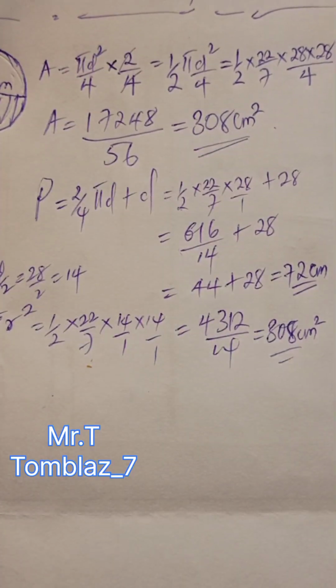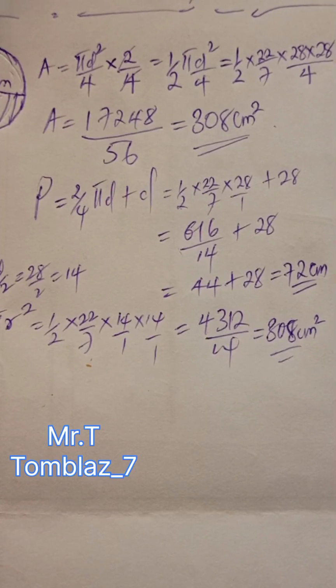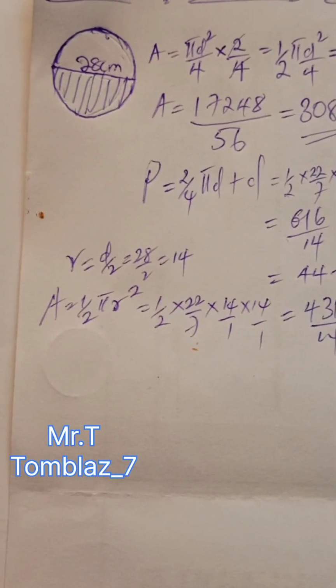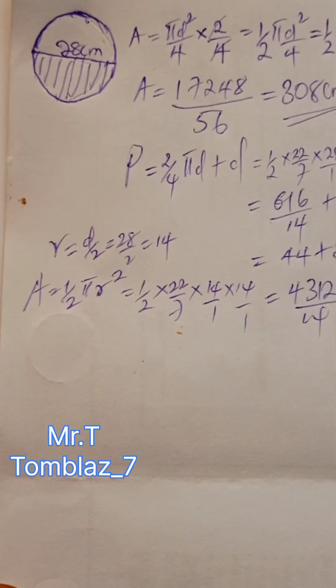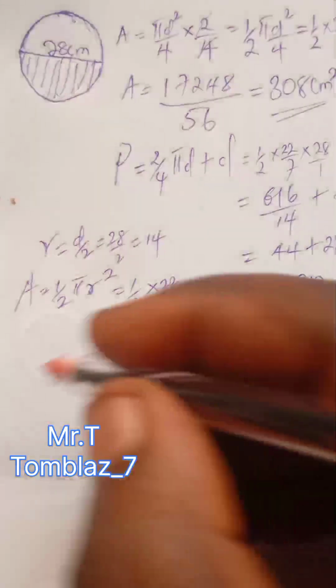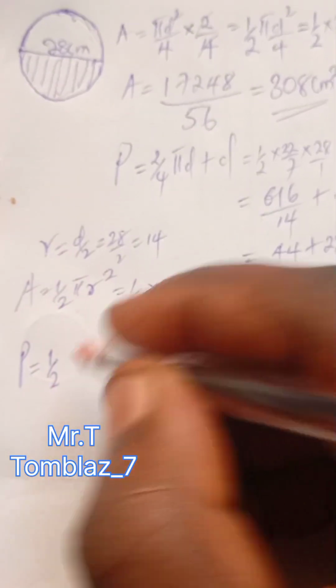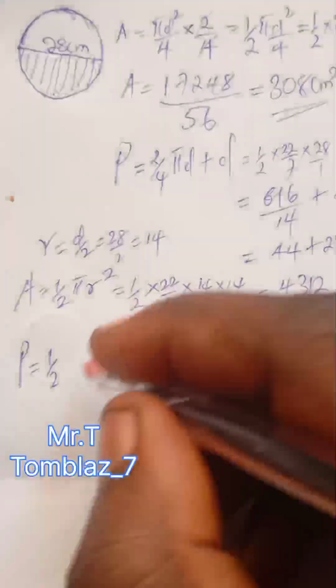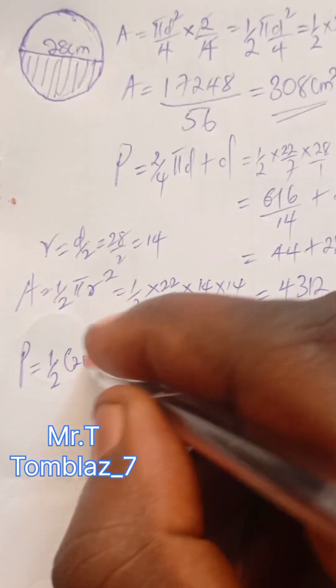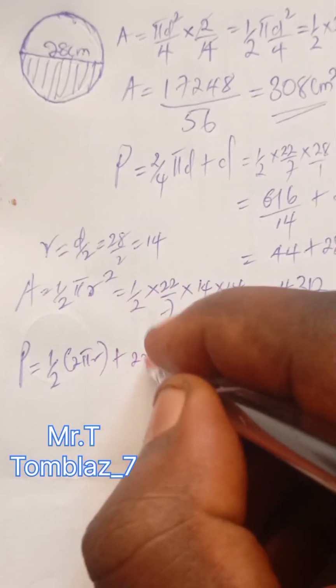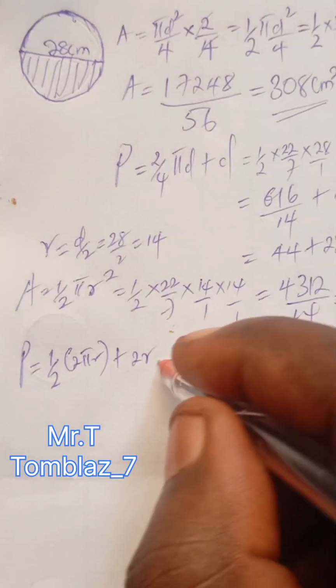Okay, let's see the perimeter. For the perimeter, let's use r. So P will be equal to 1 over 2 times 2 pi r, plus 2r. Let's substitute values.